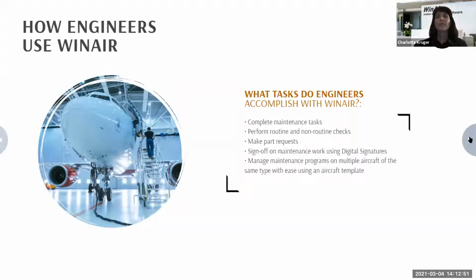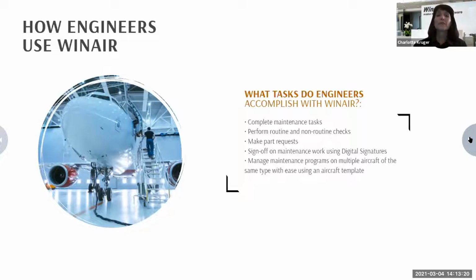When Aaron does his presentation, he'll show you we've got templates where you only set up some of the stuff once, and that gets pushed through to production. The engineer will get the task card already completed with all the work steps that they need, all of the details, and all of the links to the maintenance manuals that they need to reference when they're completing a task.